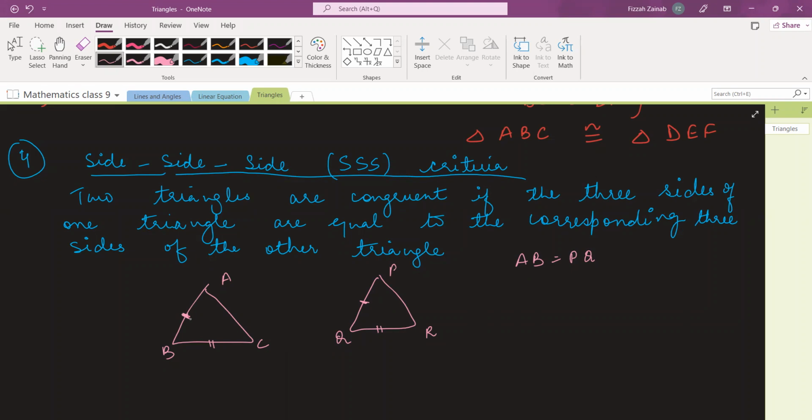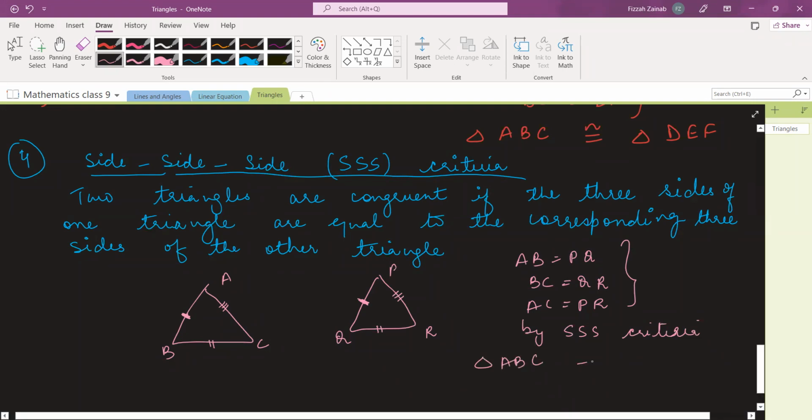So from the dash, I will identify that it has a single bar. That means AB is equal to PQ, BC is equal to QR, and if the third side AC is equal to PR, we identify it like this, putting three bars here. Now, if these three conditions are satisfied, we say that by SSS criteria, triangle ABC is congruent to triangle PQR. This is the fourth criteria of congruency.